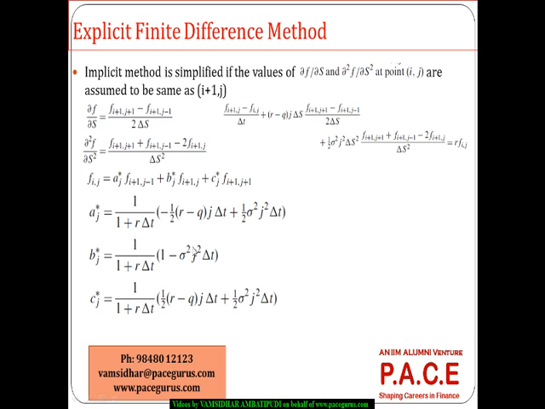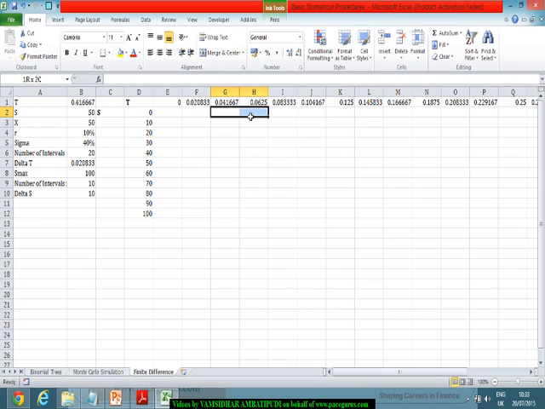A slight variation from the implicit finite difference method is the explicit finite difference method, where I make an assumption that dou f by dou s and dou squared f by dou s squared are the same for i comma j as well as i plus 1 comma j, at least for two adjacent points.